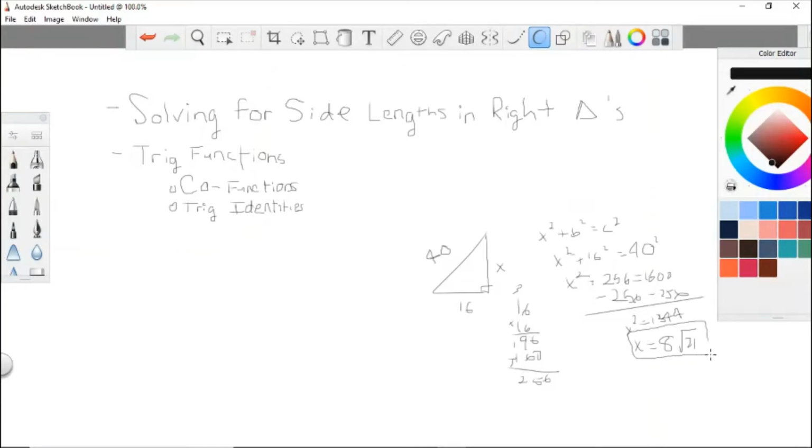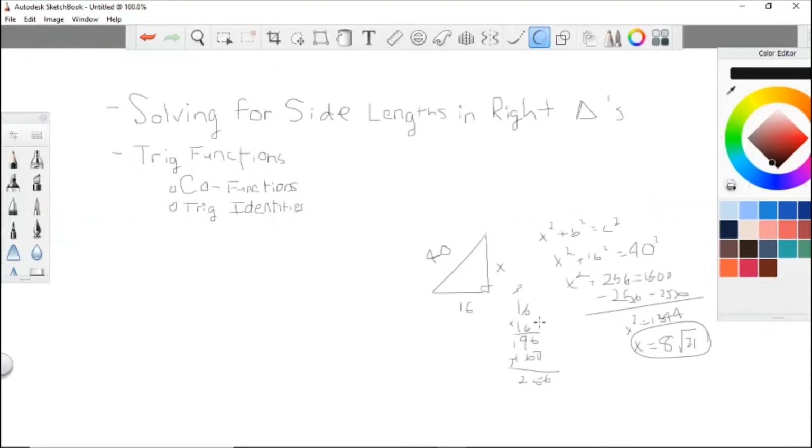So this is the answer to the first example. Notice how I didn't round it. The reason I did that is because you always want to give the most exact answer as possible. Unless your teacher specifically asks you to round, it's generally better to give the most exact answer.